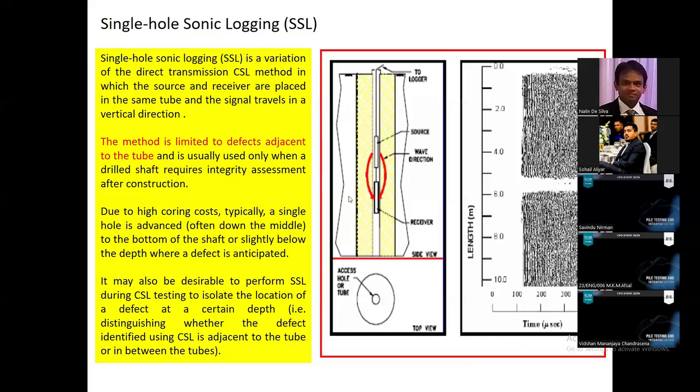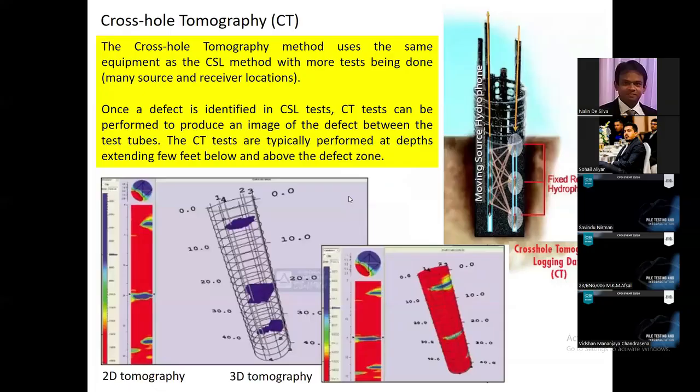Then cross-hole tomography is an advanced technique utilizing the same cross-hole tubes, right? This is done to get either a 2-dimensional or 3-dimensional visualization of the defect.